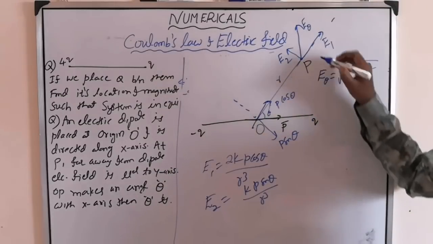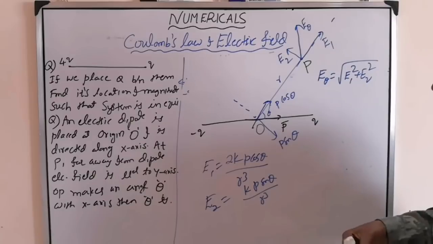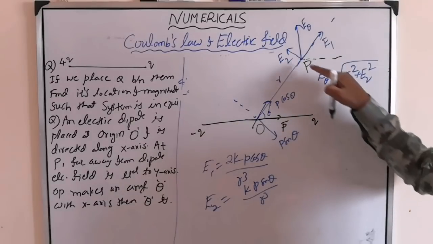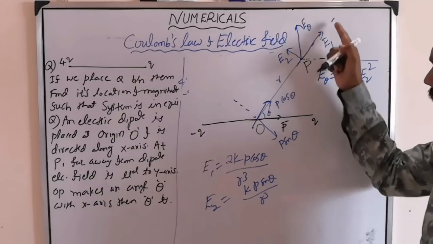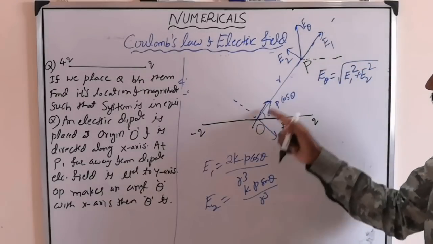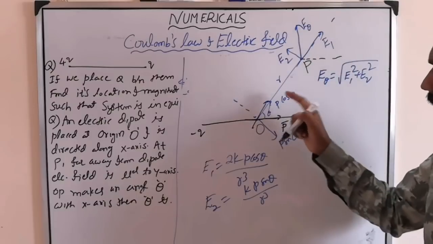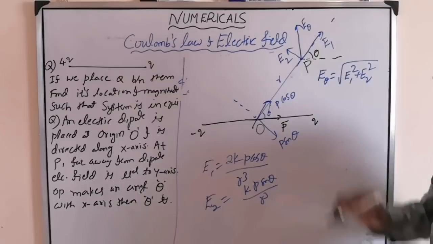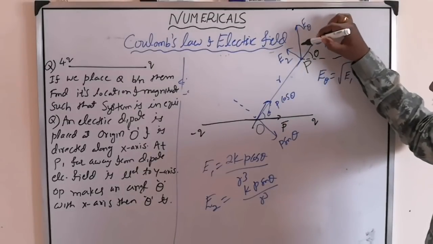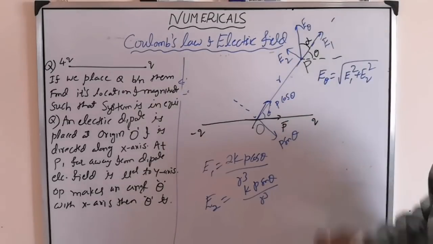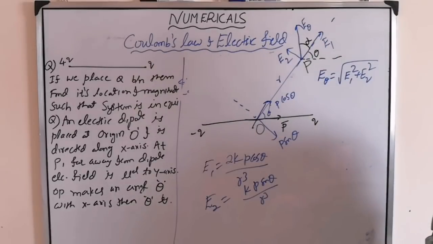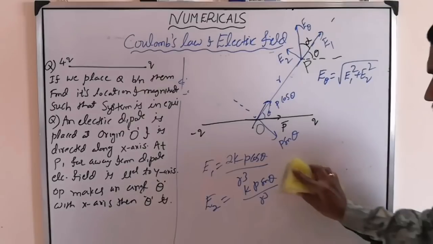Now if I make one horizontal line here, this is x-axis, this is also x-axis, and this is the same line. So what is this angle? Theta. Now let's take the resultant is making alpha angle with E1. Then you take this situation.